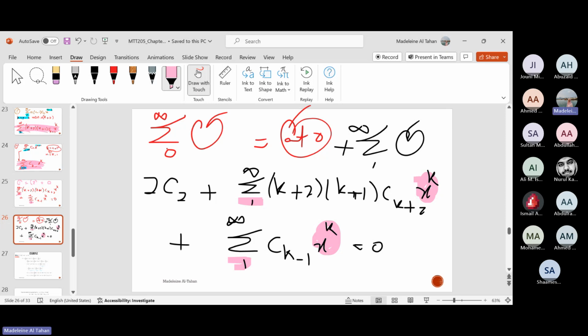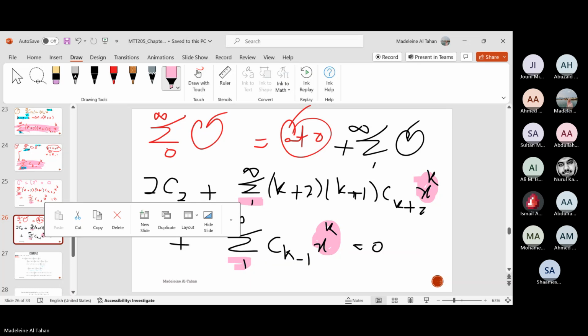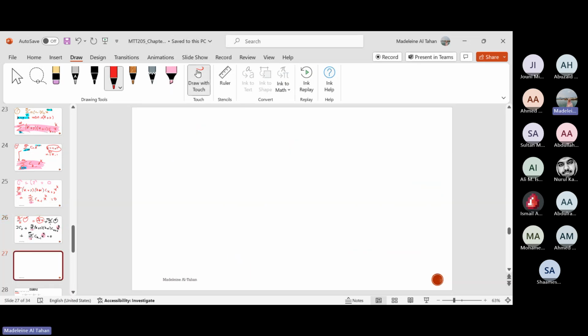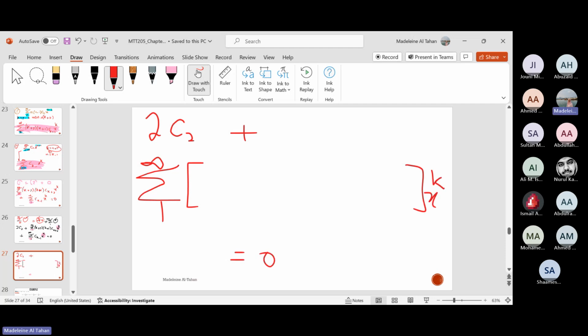Did we put them inside the same series? Okay, what will we get now? 2c2 plus sigma from 1 to infinity, x to the power k, equal to 0.